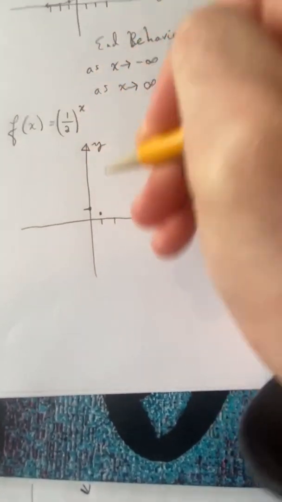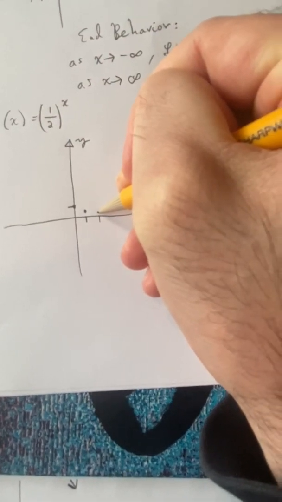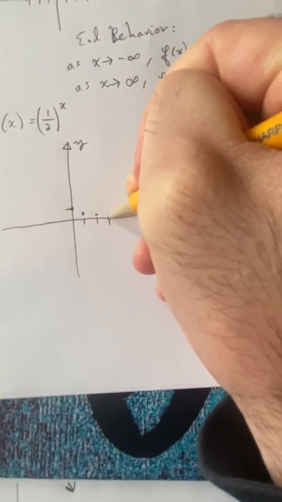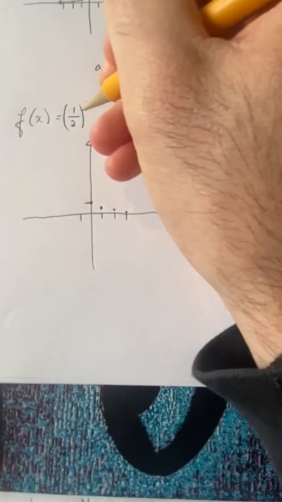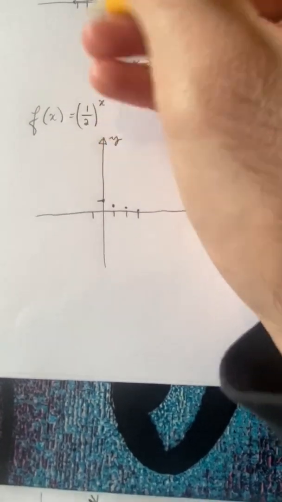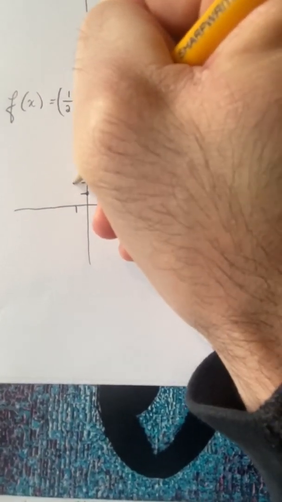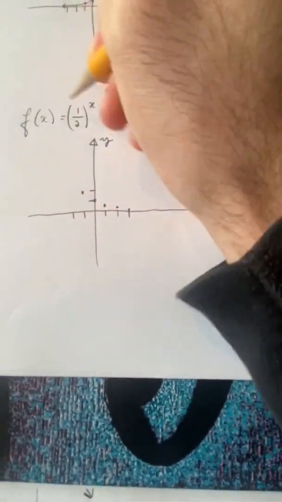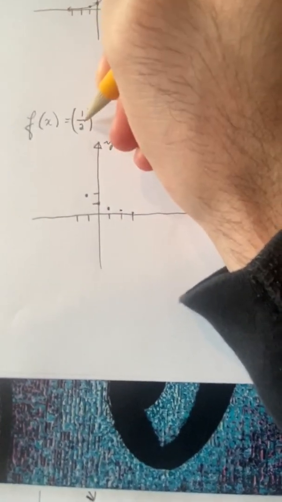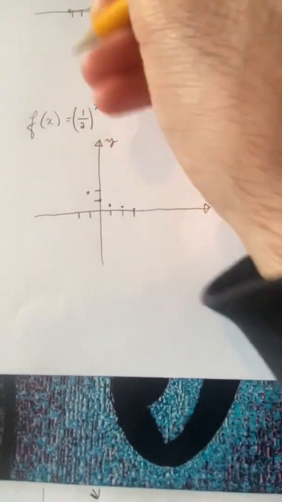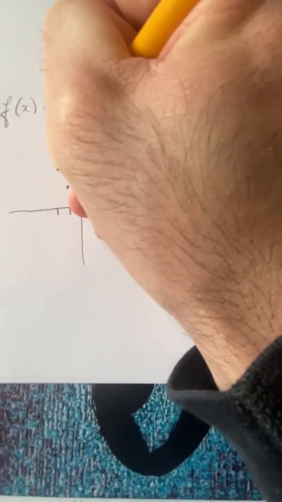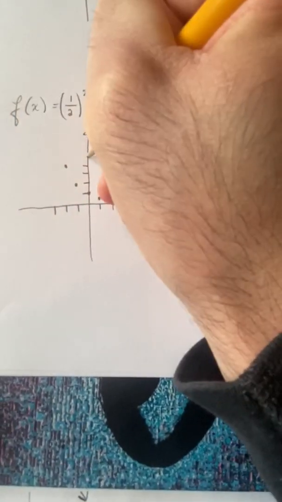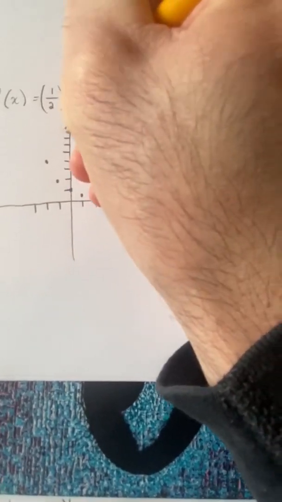At 2, we'd be at 1/4. And at 3, we'd be at 1/8. Then maybe we'll trace back. At -1, we'll wind up swapping this, so we'll be up at 2. At -2, again, we're going to swap the numerator and the denominator, so we'll wind up at 4. And you can probably see the pattern: at -3 we'll be at 8.